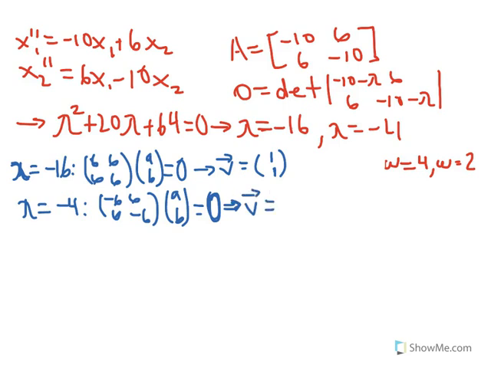And our eigenvector becomes 1 and negative 1. At this point, we have enough information to write out our free or natural solution. We can write it at the bottom. Free solution.